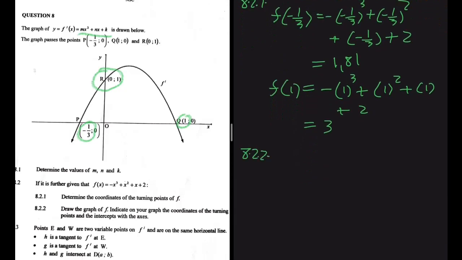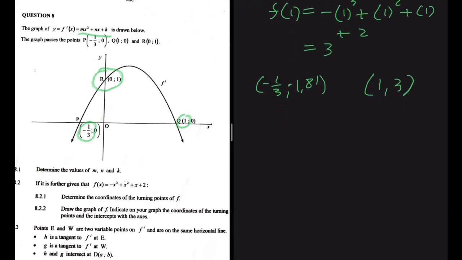So the coordinates, let's just conclude there before we move forward. So the coordinates there will be minus 1 divided by 3 and 1.81, right? And then the other coordinate is 1 and 3. Those are the coordinates of the turning point of f. Let's do 8.2.2.